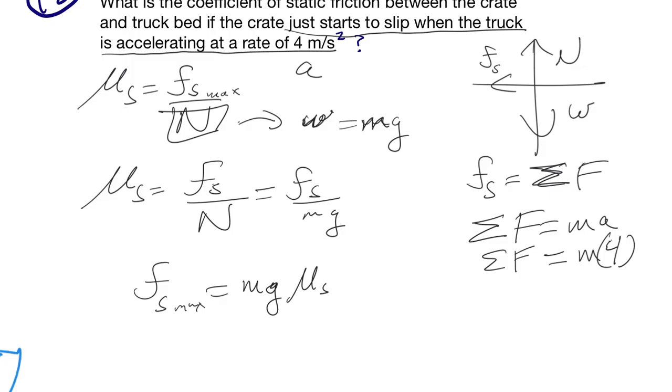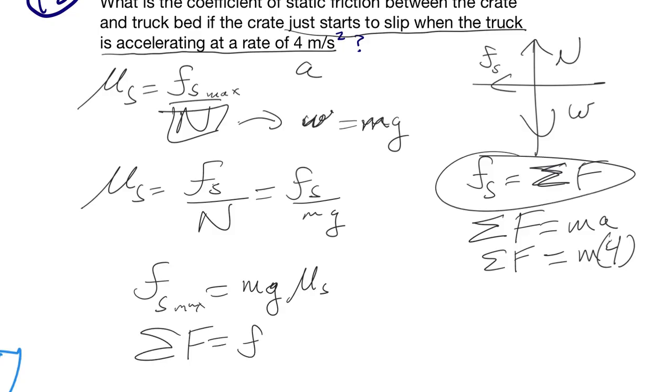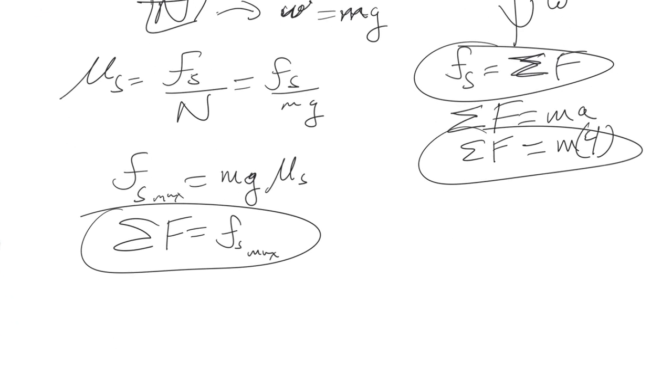You also realize that the net force is equal to the friction, like I said up here. It's the unbalanced force. So let's equate these two equations. 4m, the net force, is equal to Fs max, which is mg mu s.